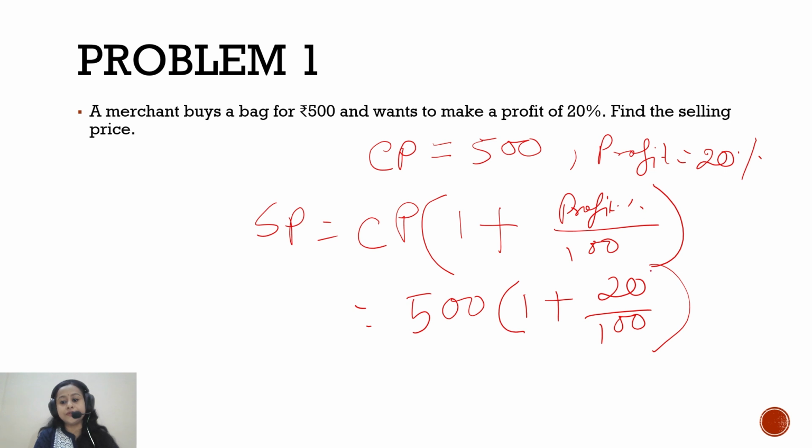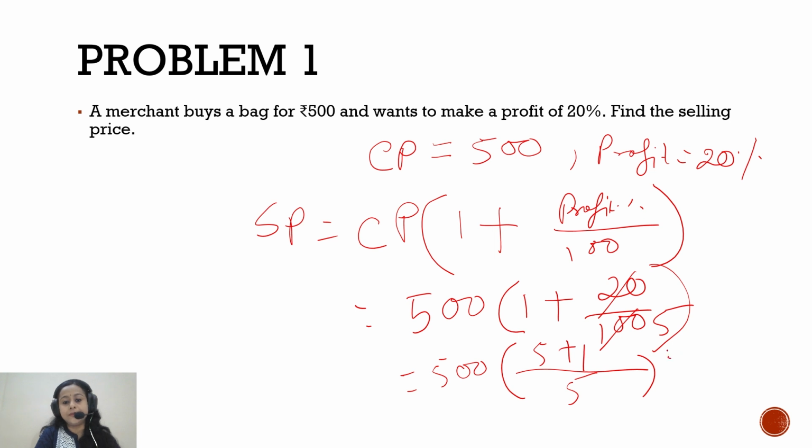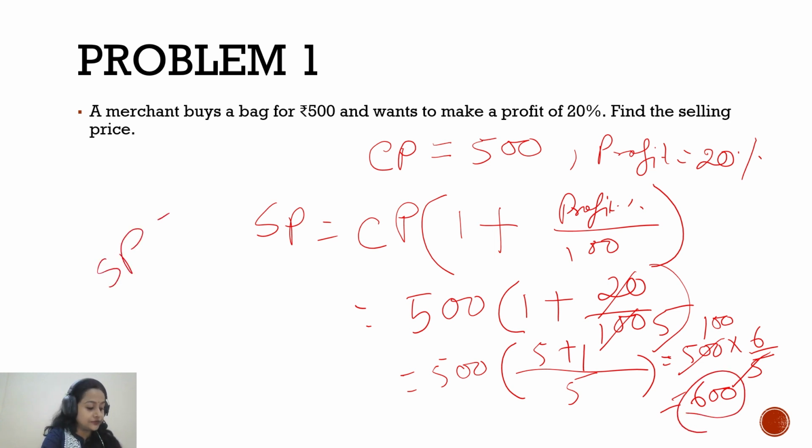The LCM will be 5, so 500 into 5 plus 1 by 5. So it will be 500 into 6 by 5, right? If we divide 500 by 5, we get 100. So selling price will be 600. Okay, so that's how we can find the selling price. So our selling price will be 600, right?